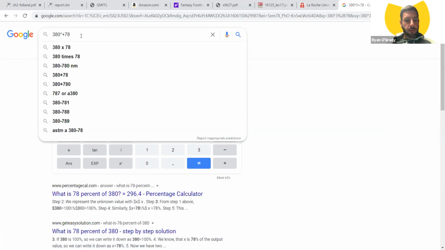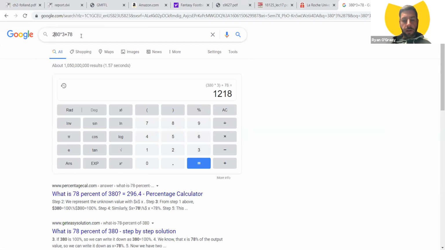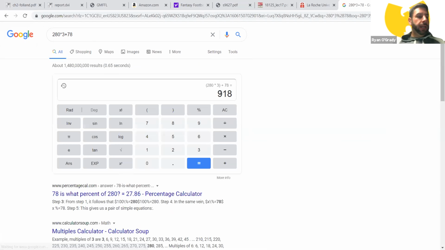I get 918. So my arithmetic does check out. This equation, 280 times 3 plus 78 equals 918, tells me that 918 is congruent to 78 mod 280.